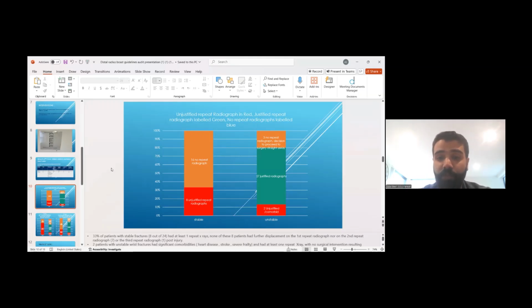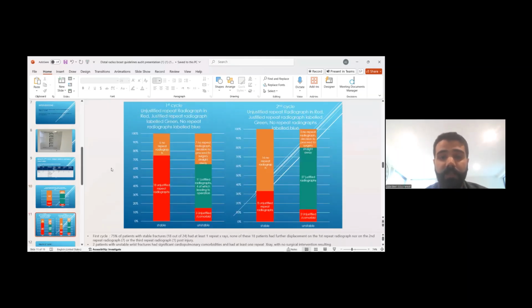In the unstable group, 3 patients proceeded directly to surgery without repeating X-rays. Twenty-seven had justified radiographs because they were unstable. And 2 patients had severe comorbidities; they had repeated radiographs but ended up with conservative management because they were not fit for operation.